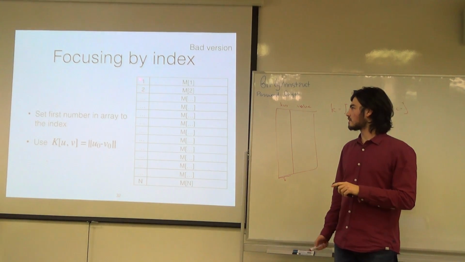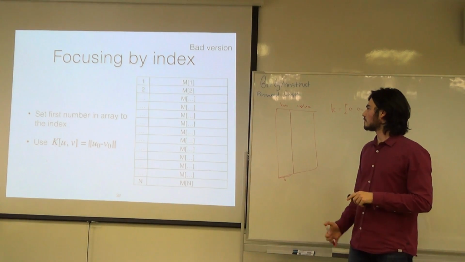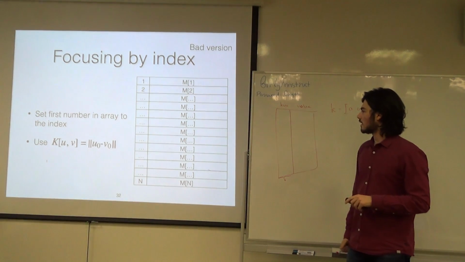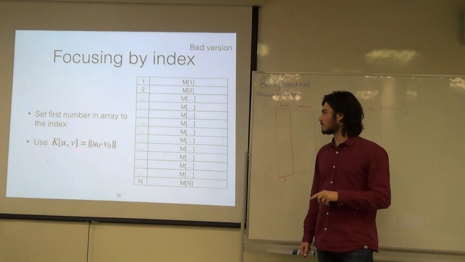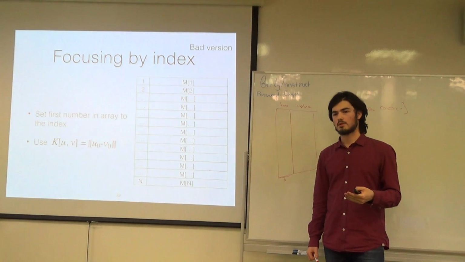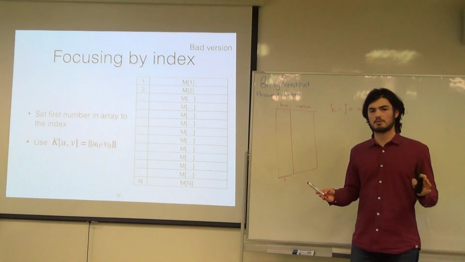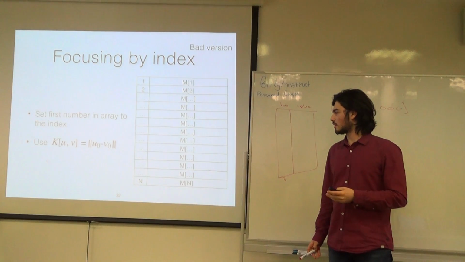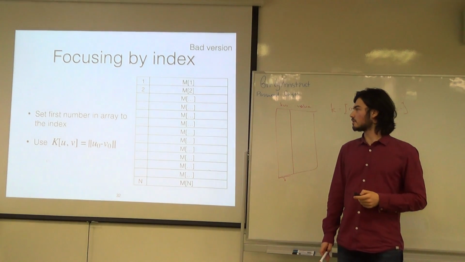The bad version is, as here, you could add a separate key storage, and then the kernel would be a difference between the first elements. So this would allow us to index values. Okay. So it is possible for a network to learn this. However, it turns out that it is a really bad decision.